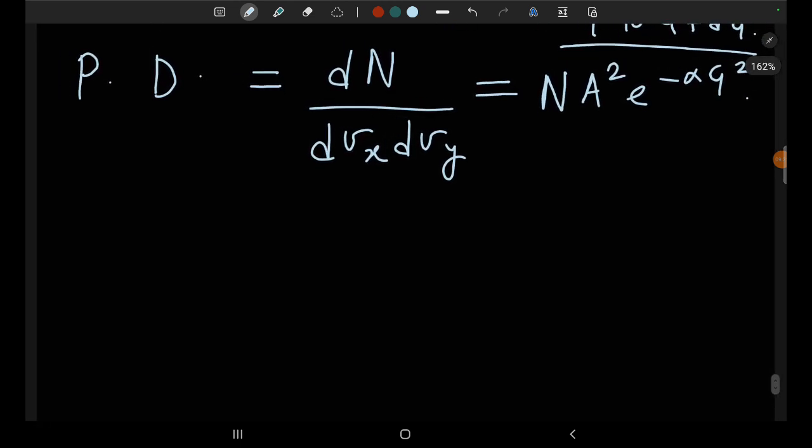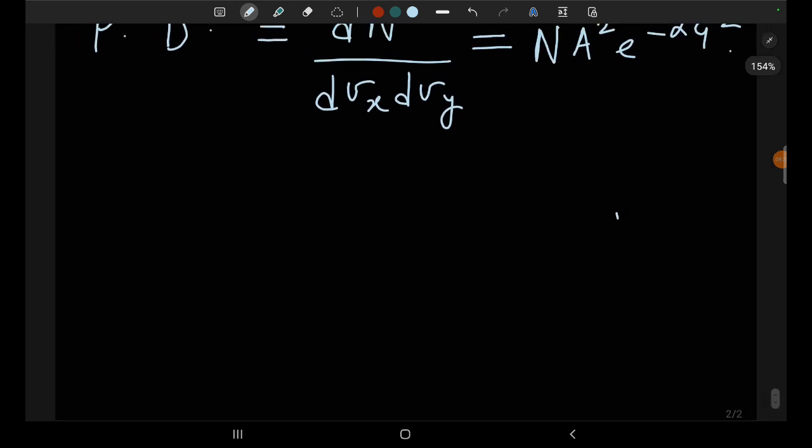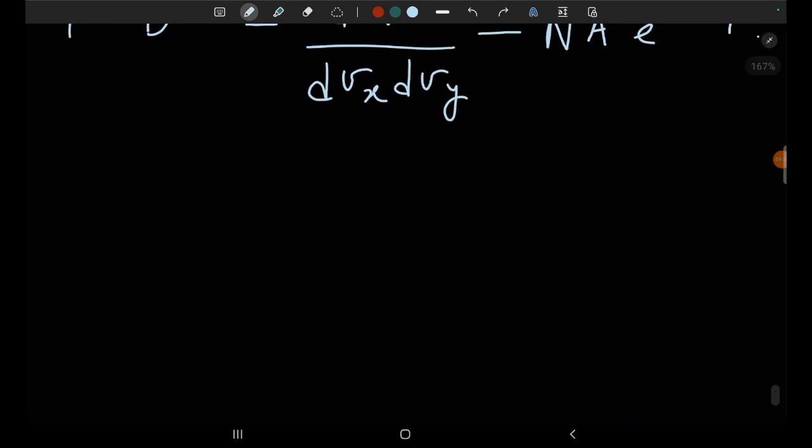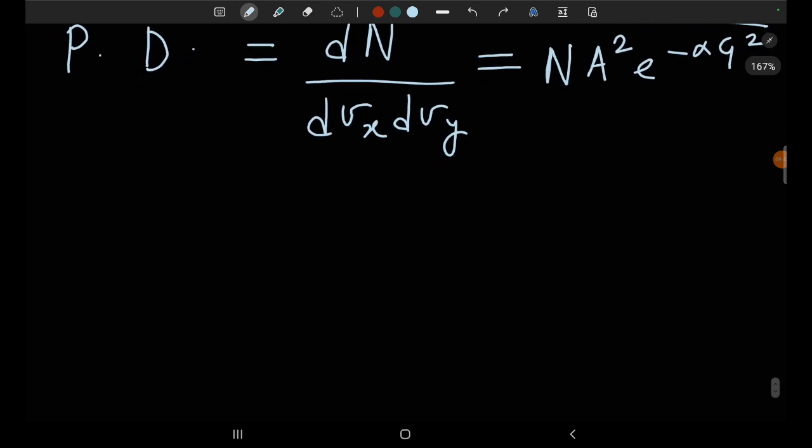This was actually the velocity density of all the velocity vectors present in the overall distribution, as the distribution was said to be uniformly dense. So this was our idea of point density.